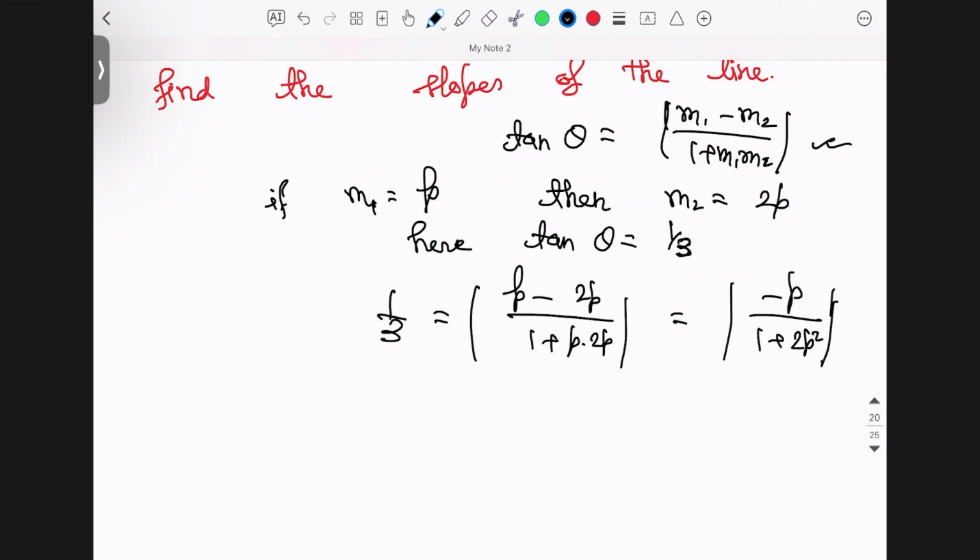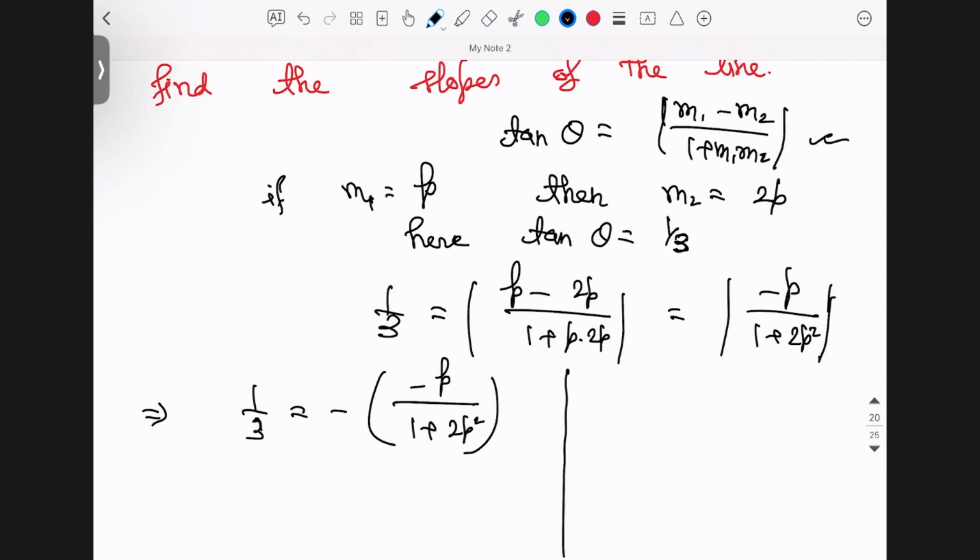Now since we have the modulus, two cases arise. One case is 1/3 equals minus of (minus p) divided by (1 plus 2p squared), and another case is 1/3 equals (minus p) divided by (1 plus 2p squared). So these are the two cases.